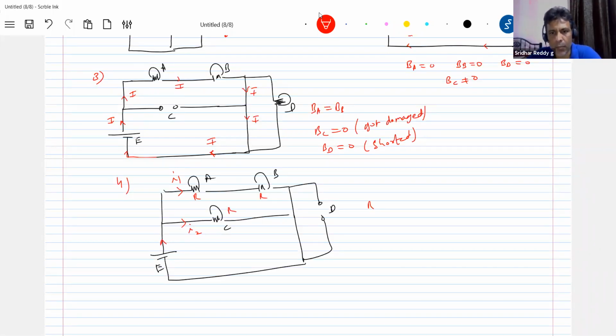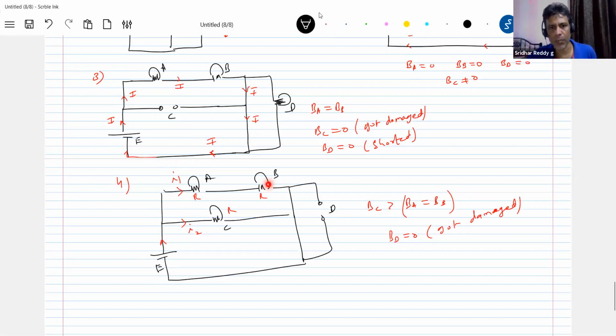So the brightness of bulb C will be greater than that of A and B. Okay, fine. So these are some types of numericals you can expect with bulbs. Just treat them as resistors.